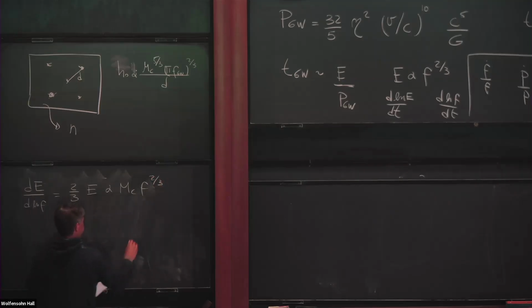So this is the binding energy, or the amount of energy per logarithmic frequency range in the orbit, that's getting radiated away. Okay, and so any question about this? No.